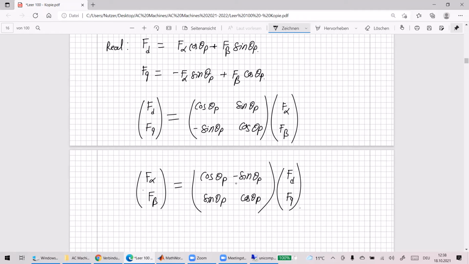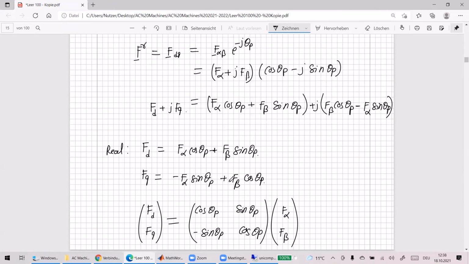So this matrix is basically the inverse of this. I think the inverse which I have written is correct, but you should be able to find it easily also.